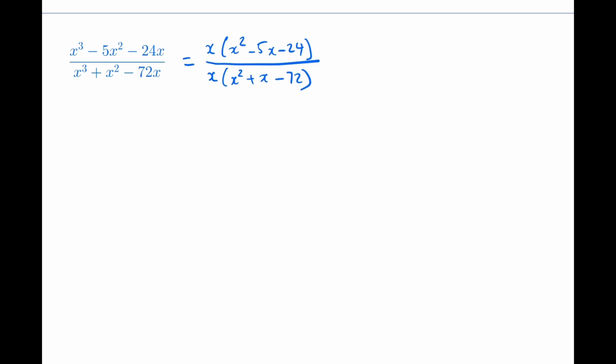Across the numerator, the greatest common factor is x, so we took that out, and across the denominator, the greatest common factor was also x, so we factor that out.